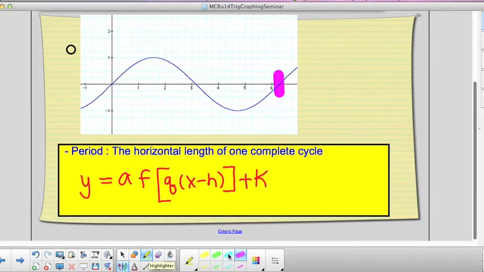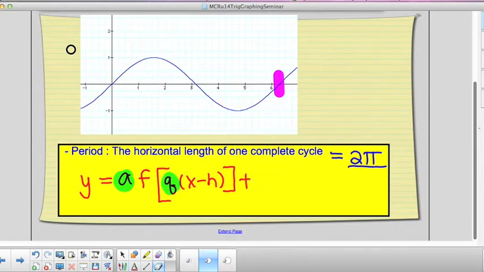Now your q term represents the period. And to find the period, when you're given an equation, the formula for that is 2 pi divided by whatever your q term is. Now in your textbook, they actually interchange these. So let's go by what your textbook says.